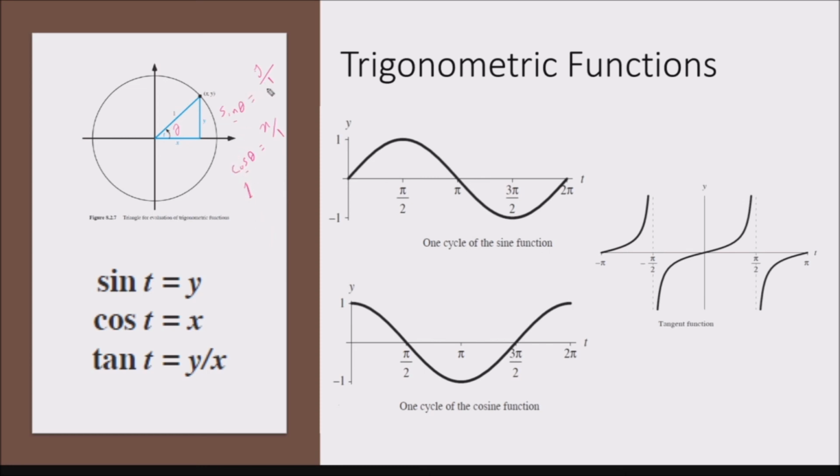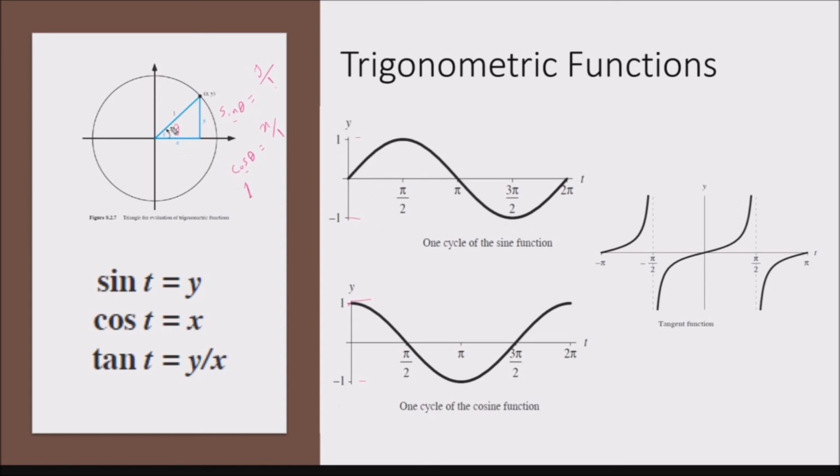These cannot exceed 1. That's why in sine and cosine you have values between these two. The maximum value is 1, the minimum value is -1, so +1 and -1. It will be stuck in that range.